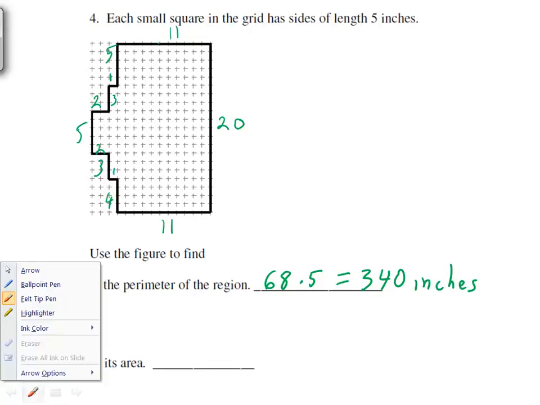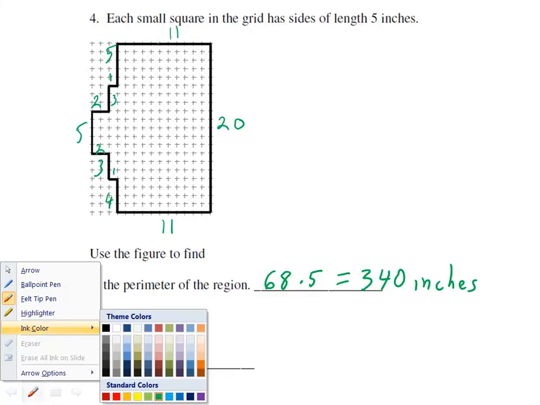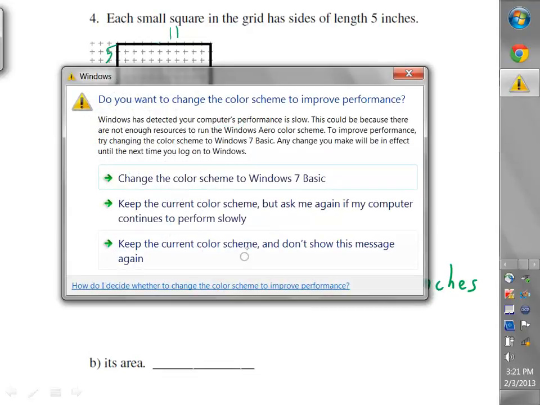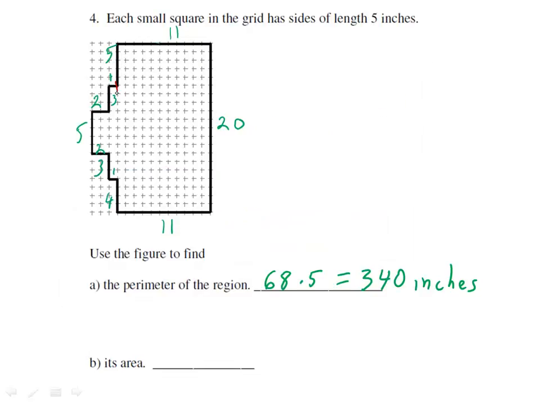Okay. Now, how about the area? Well, for the area, we have to split these, and we don't have a formula that tells us how to get the area of something that is this type of shape.